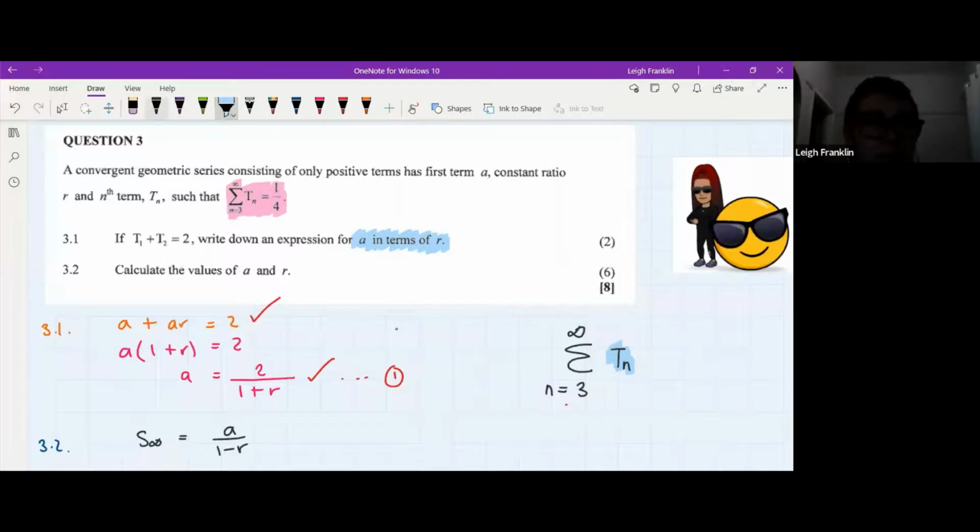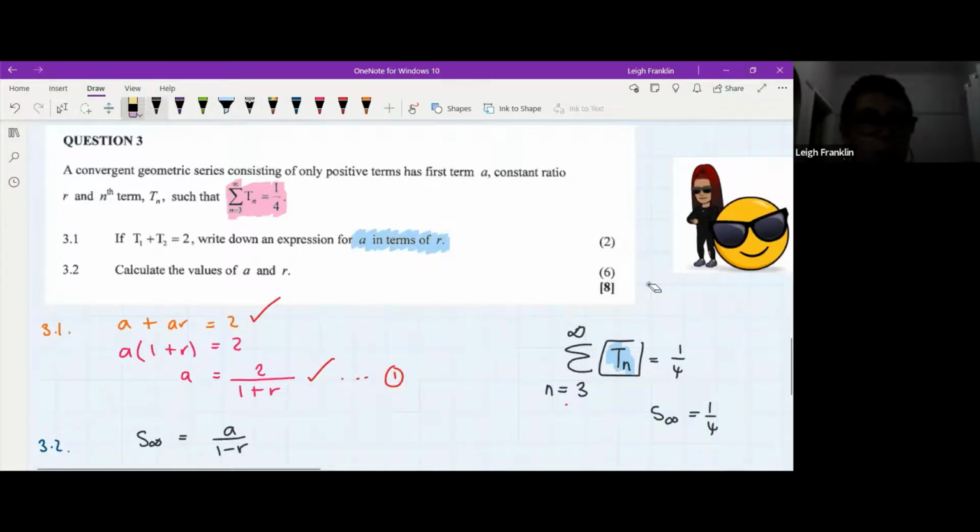But by them writing that this nth term that we don't know is 1 over 4, they are telling us that the sum to infinity is 1 over 4. That's what they're trying to imply. So the sum to infinity is 1 over 4 of this unknown rule, but we don't need to know the rule to work out A and R.